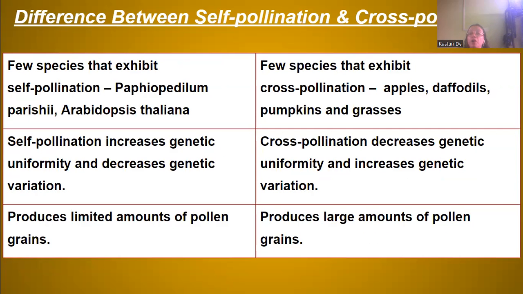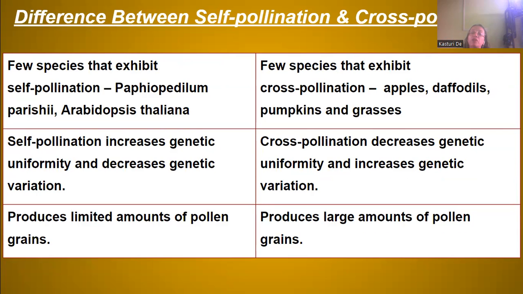A few species that exhibit self-pollination are Paphiopedilum parishii and Arabidopsis thaliana. A few species that exhibit cross-pollination are apples, daffodils, pumpkins, grasses, etc. Self-pollination increases genetic uniformity and decreases genetic variation.